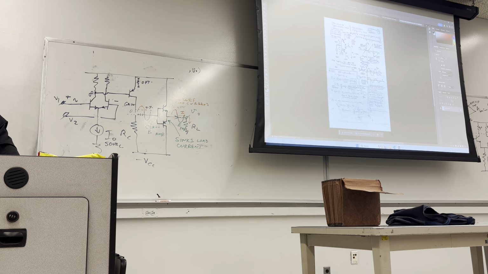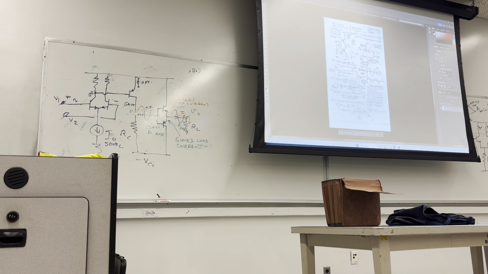Now, here is the main advantage of the class B. There is something called power efficiency. Read this calculation first. Power efficiency is the amount of power that the power supply delivers to both transistors versus the amount of power that gets out to the load. I did a calculation in here. The power efficiency of this configuration will reach a maximum.